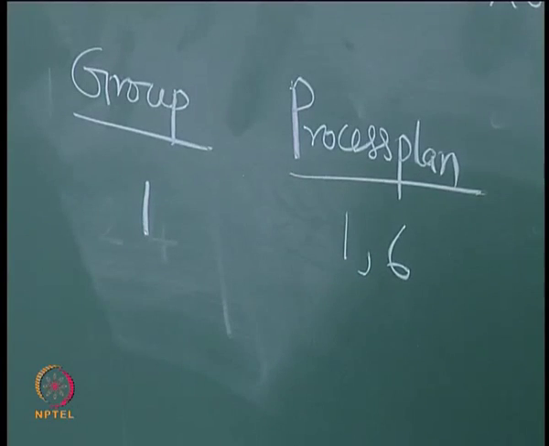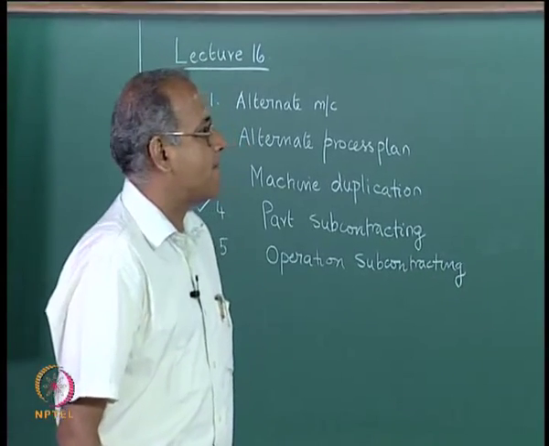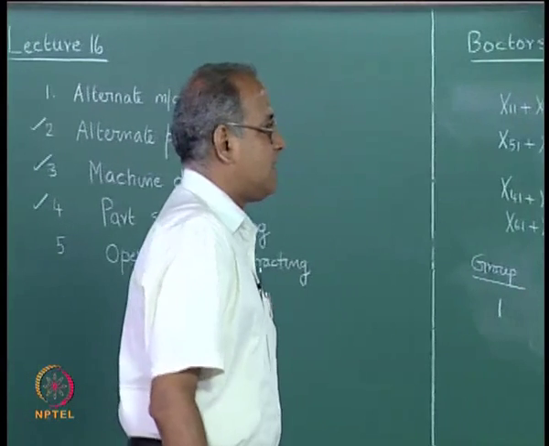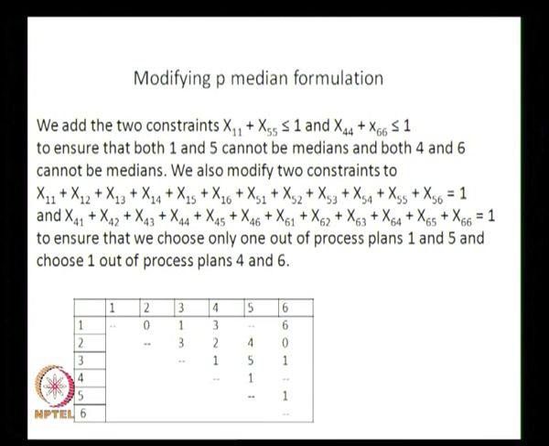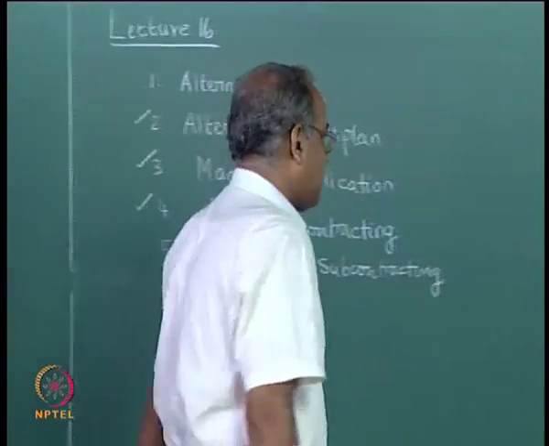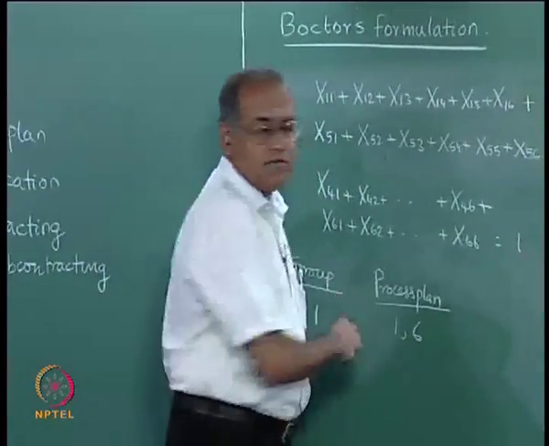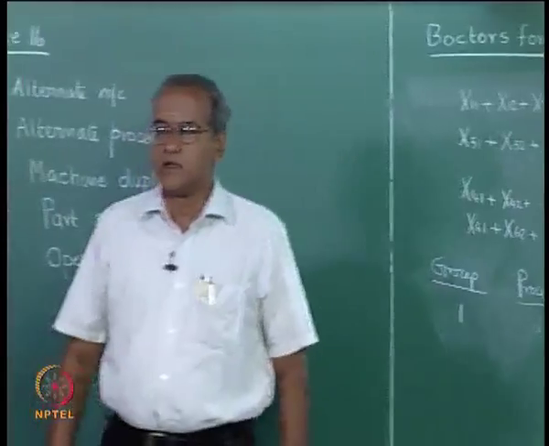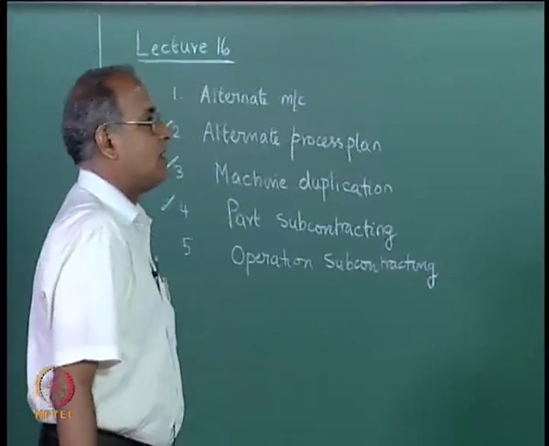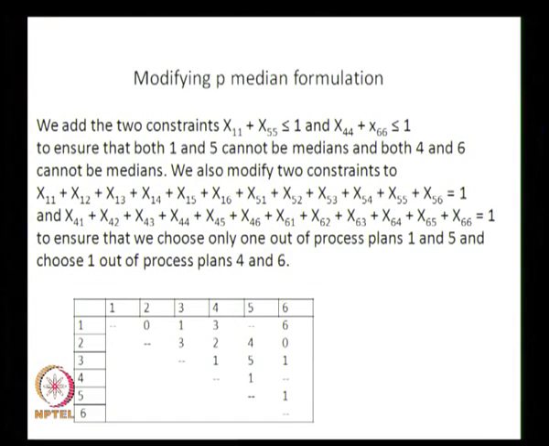Next highest is for 3 and 5. But then we know that 1 and 5 are alternate process plans and 1 has already been assigned to this. So, 5 will not be considered. So, next highest will be, as we see, 2 and 5 with similarity equal to 4.